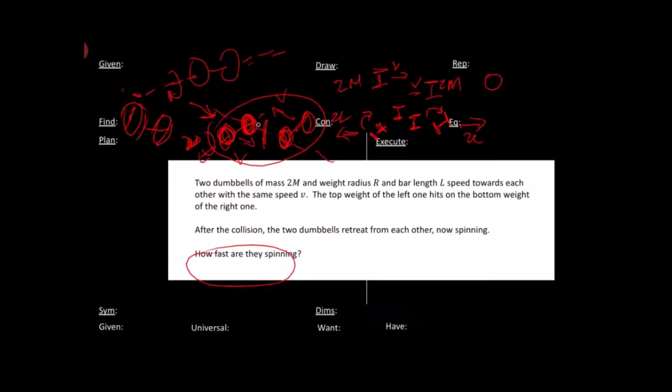But it also has another angular momentum from its position, right? So we're going to calculate the angular momentum from the point of impact. The angular momentum of this guy is going to be the angular momentum at the center there.